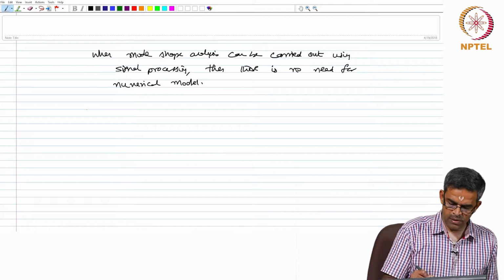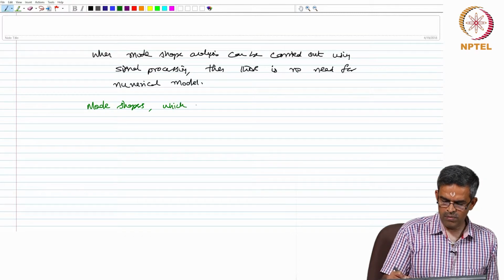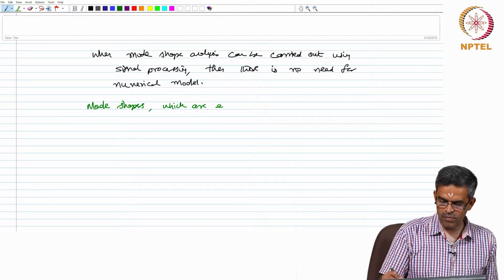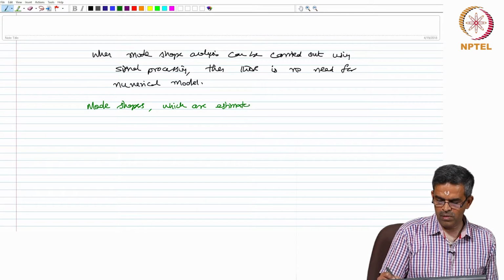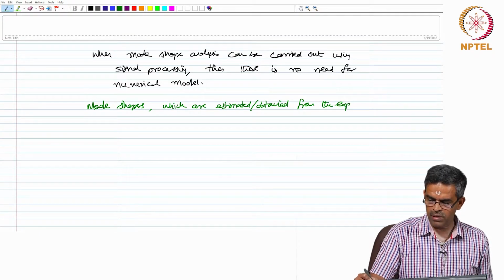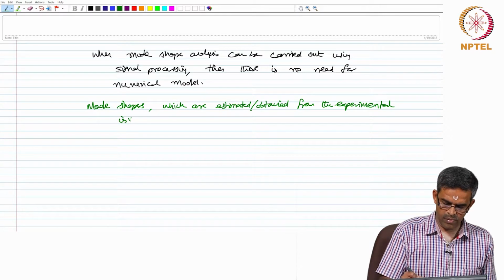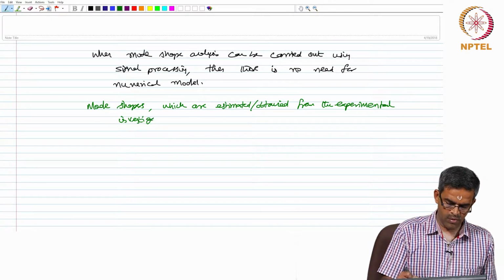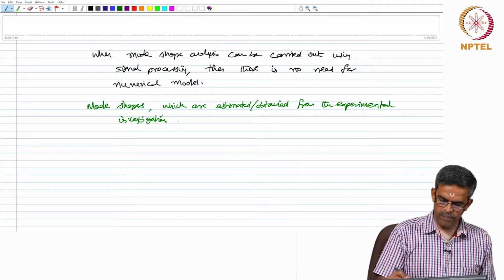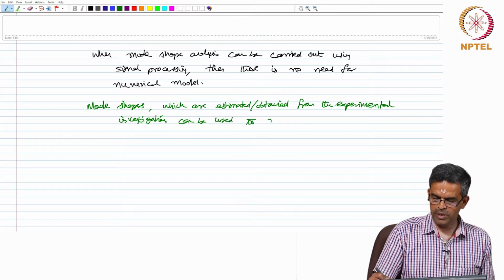Mode shapes which are estimated from the experimental investigations can be used to detect damage.